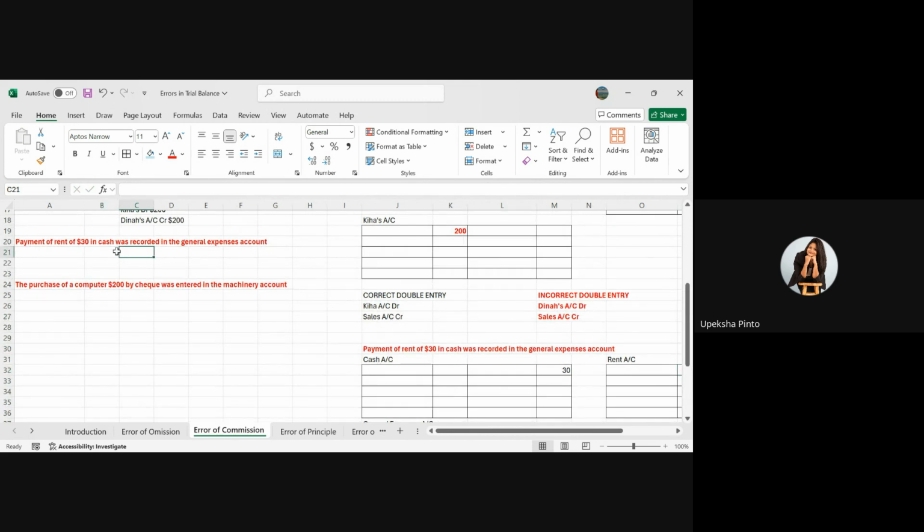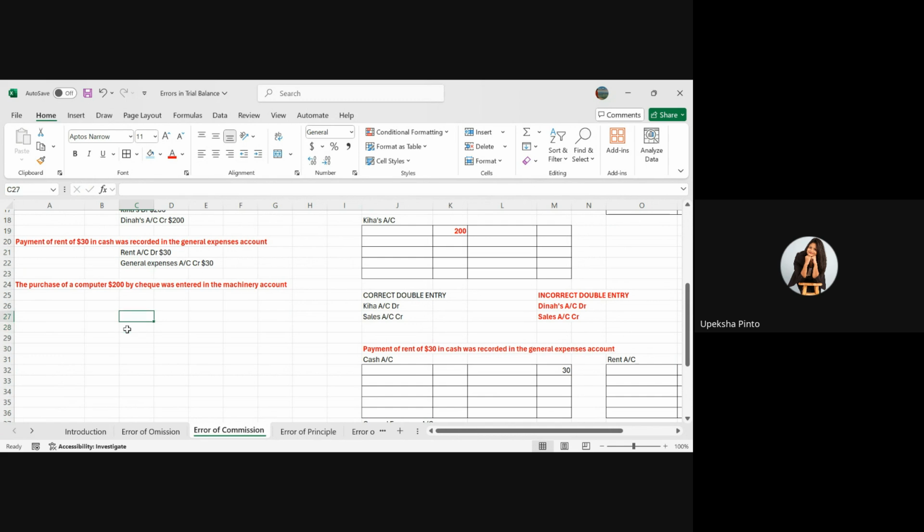That is rent account debit by 30, and I remove from the old account, which is general expenses account, credited by 30.